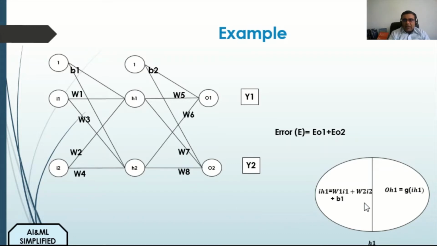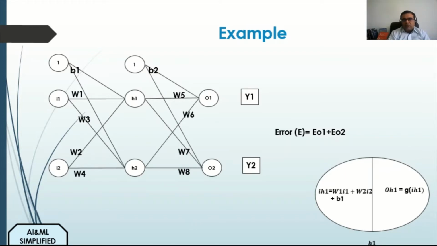And then we apply an activation function called G to this input, and then the output from the hidden node is OH1. So in this simple example, we will be applying a sigmoid activation function, which is of the form 1 by 1 plus e raised to power minus x.